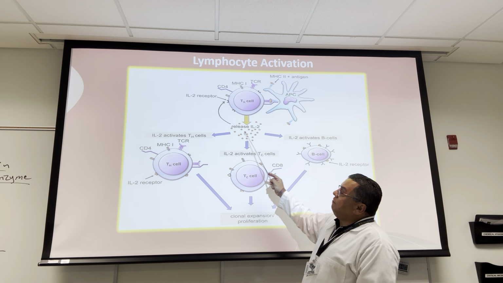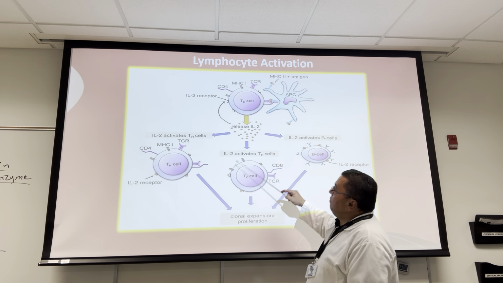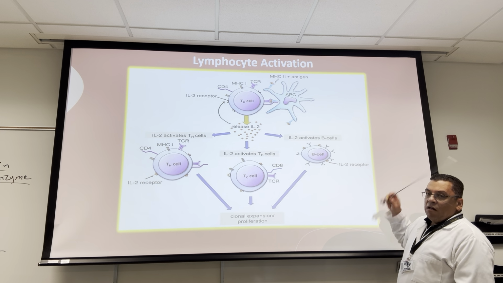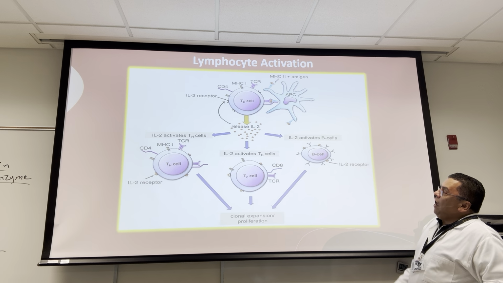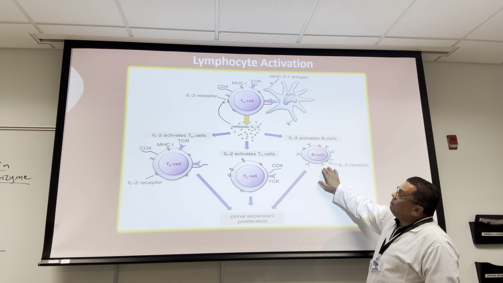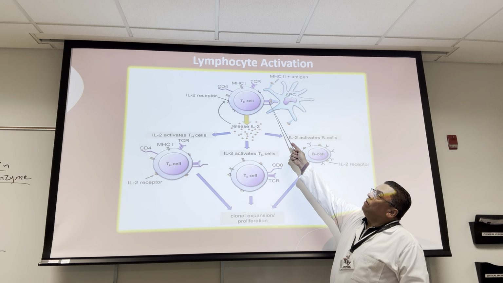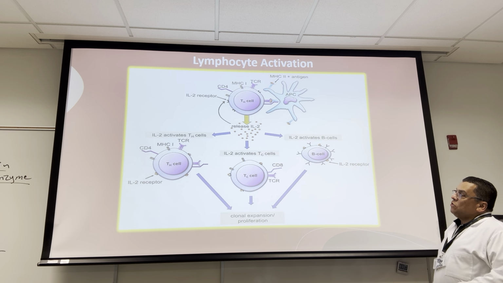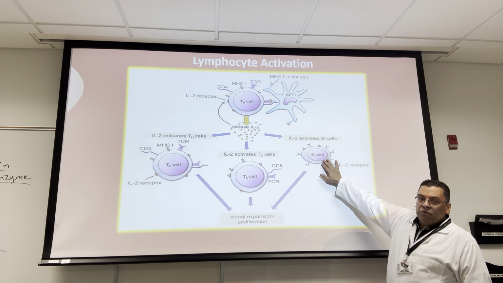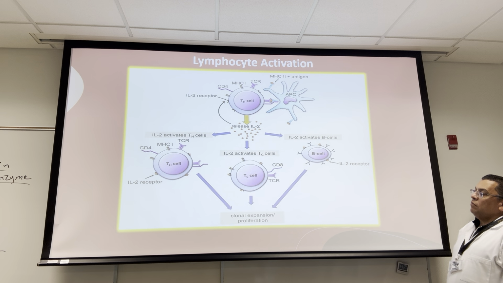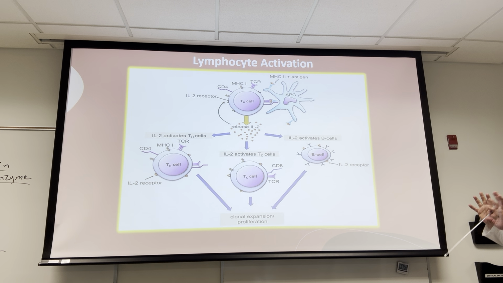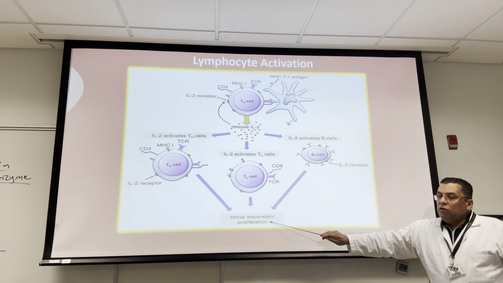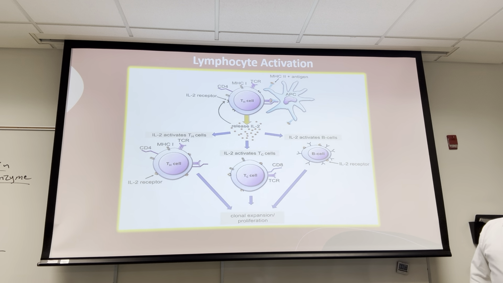But it will activate helper T cells, it will activate the cytotoxic T cells, it will also activate B cells. It will activate the B cell that has the antibody that is similar to the receptor of this one. So there's also clonal selection on this side too. And they all come into play, they all attack and proliferate to kill the pathogen.